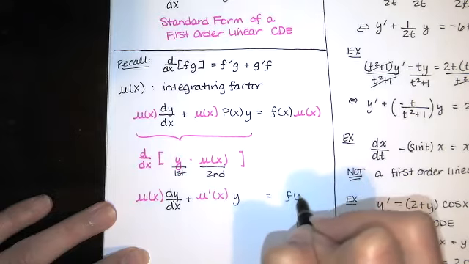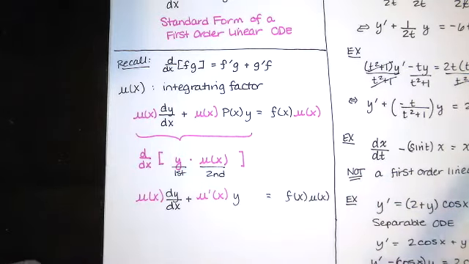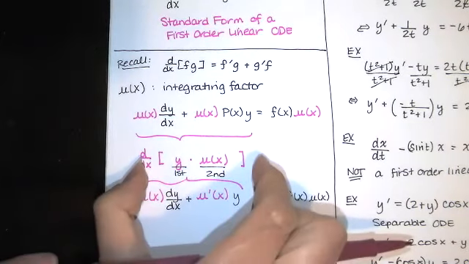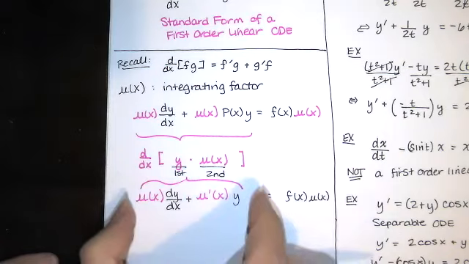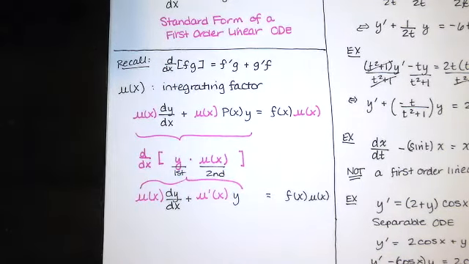And we still have that f of x mu of x over here. I need these all to be the same thing. I need this to be equal to this, and it is by the product rule, and I need this to be equal to that. So the question is, well then, what does mu of x have to be?